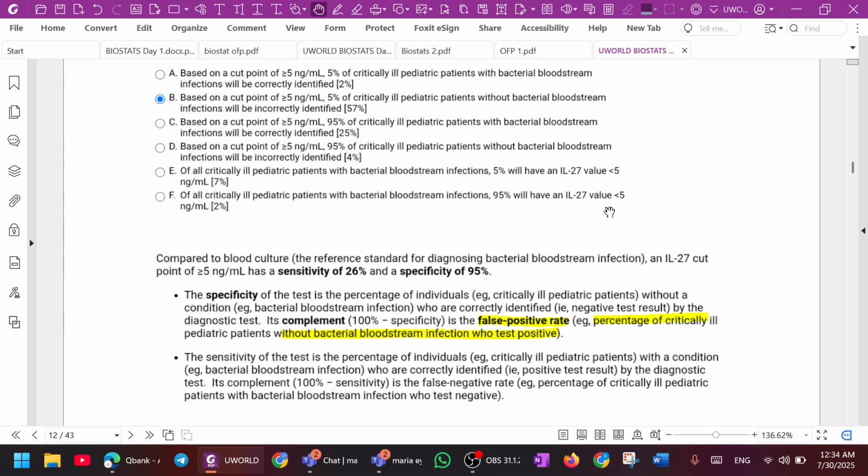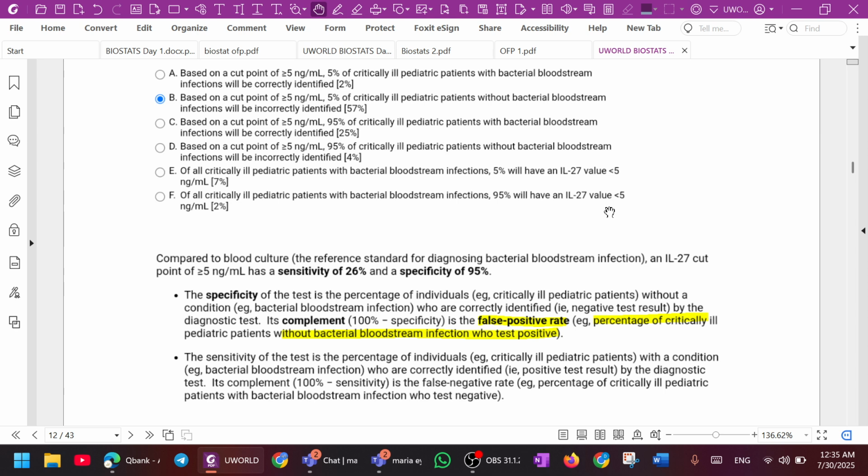And then, of critically ill pediatric patients with bacterial bloodstream infections, 5% will have an IL value of less than 5 or whatever. So people with the disease, only 5% will have a negative test, because a positive test is more than 5. So negative test is this.